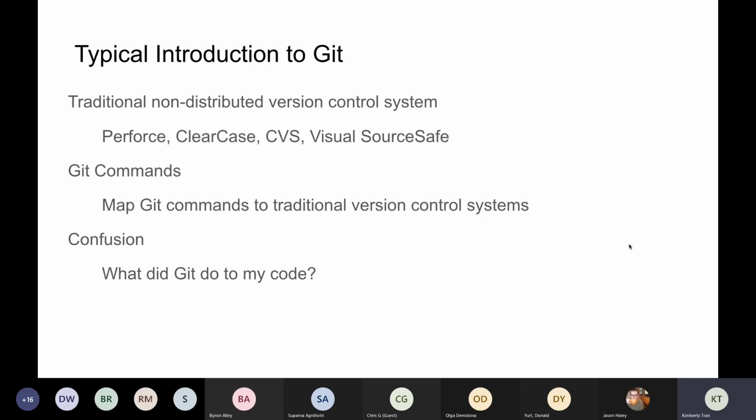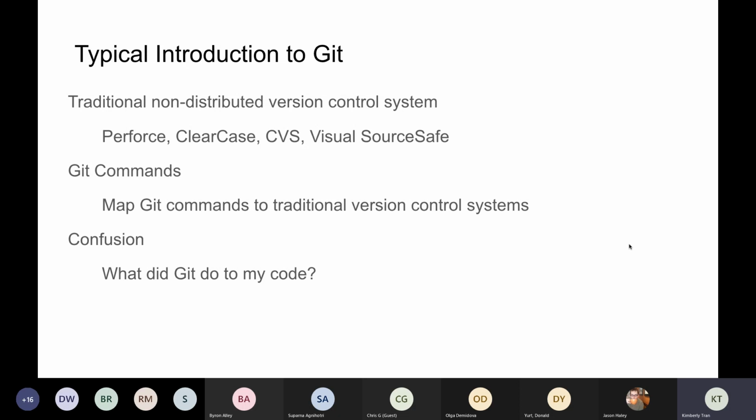And the problem is compounded by the fact that the commands in Git may look the same. For instance, you have a checkout and a commit, but they do very different things in Git, and that's one of the sources of difficulty. So confusion usually arises, and people just don't know what Git did to their code.